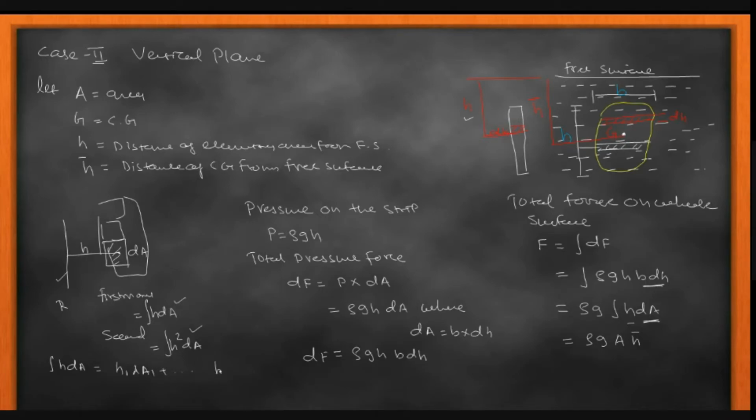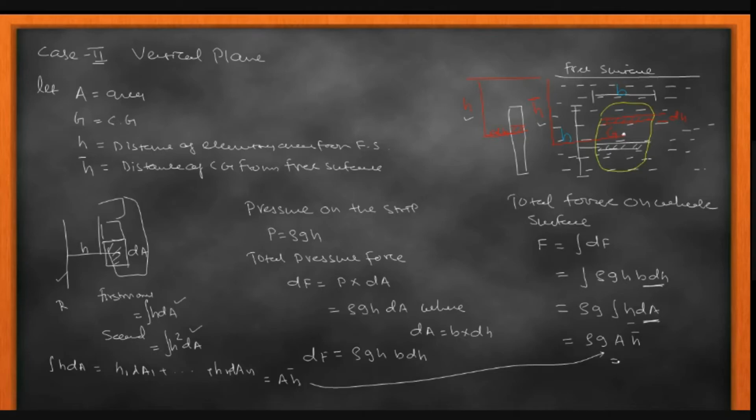Likewise, the height of the nth area is hn and the area is dAn, and the sum equals the total area times the height from the center of gravity, h cut. This is how the expression comes: the integral of h dA equals A into h cut.